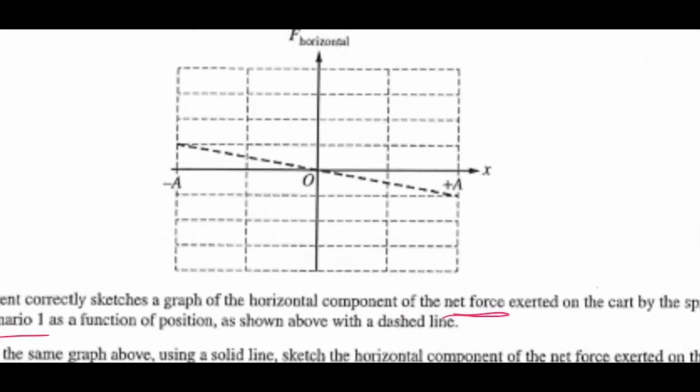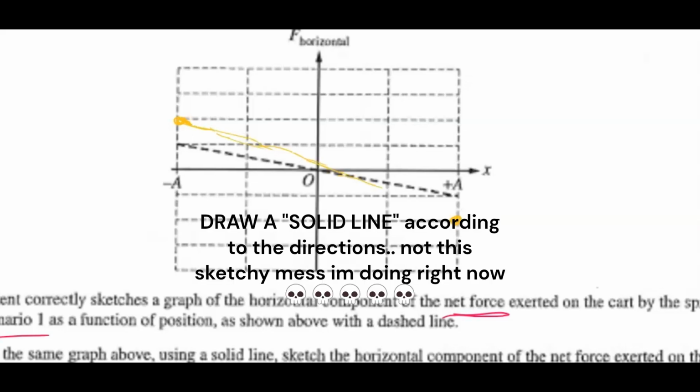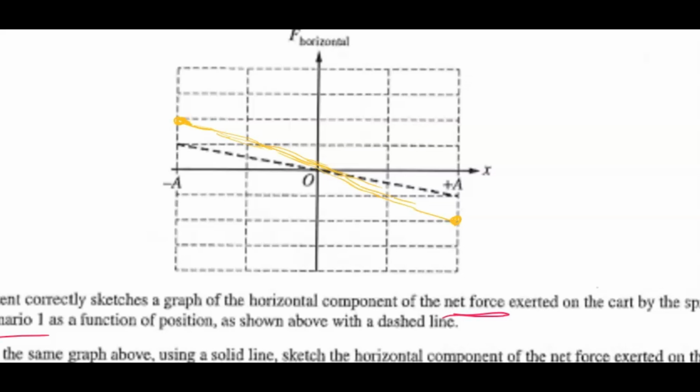And so now we can just double this. So we can just draw it one box above because it's double the force, assuming the same scale. Plot our 2 points and just draw a hopefully straight line across.